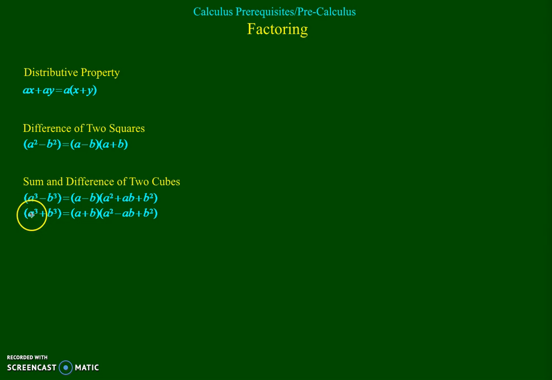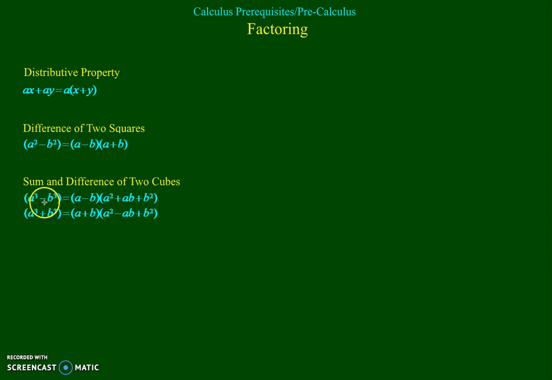Take the cube root of the first term, same sign, cube root of the second term. For the first term in the second factor, you take the square of the first term, opposite signs, product of the two terms, a times b, and always add the square of the second term. And if you were to multiply these through, you would get this.